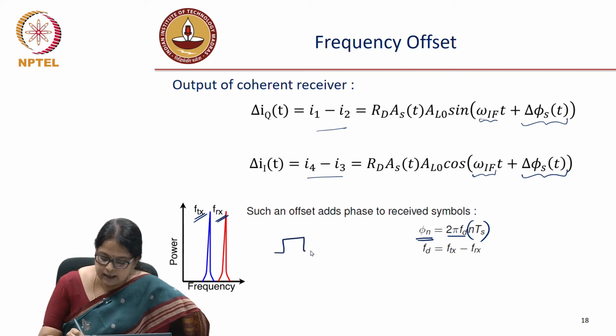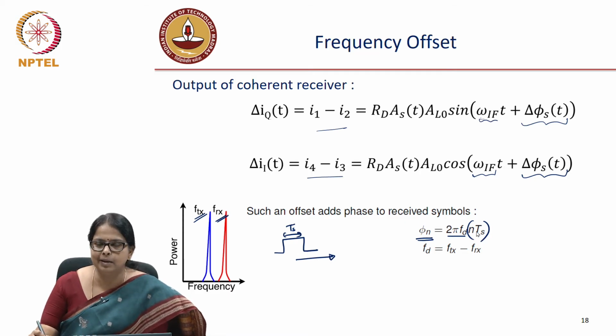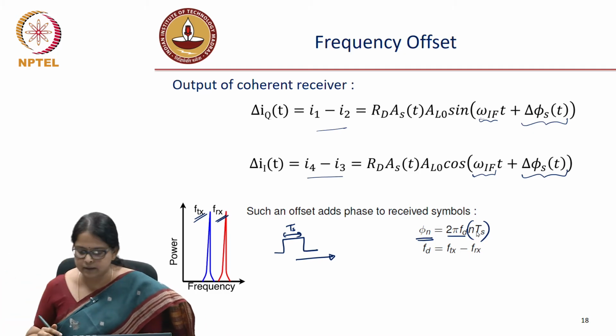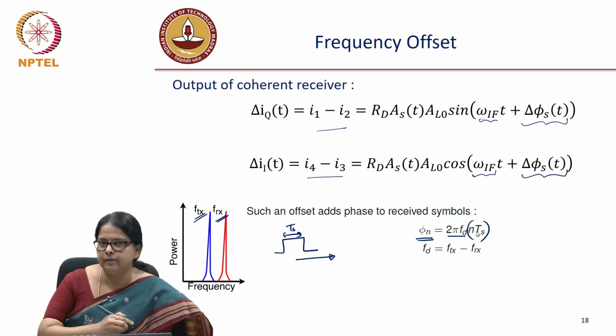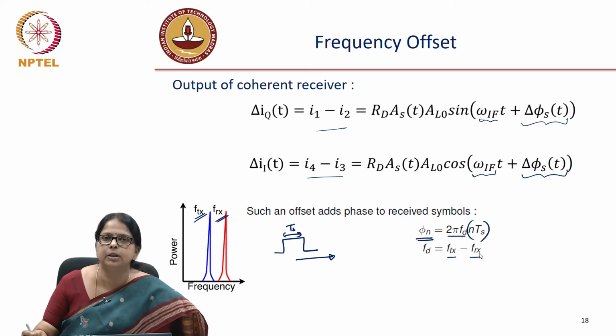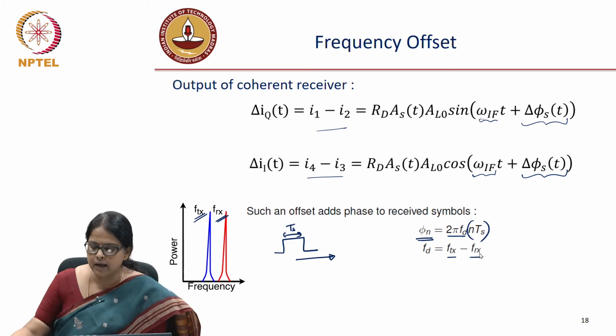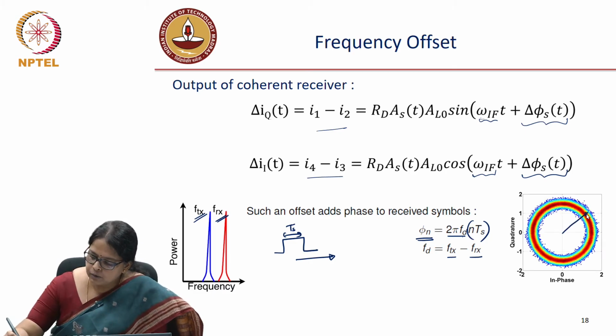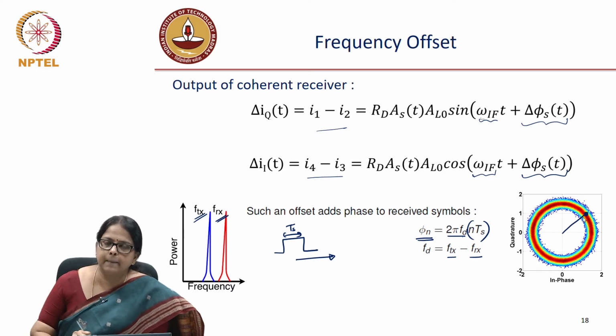So, if Ts is your symbol duration, as you progress in time, for the nth symbol, you will have the phase accumulated from all the previous n symbols. So, this is like a cumulative effect, and of course, FD is the frequency difference between the transmitter laser and the receiver laser.